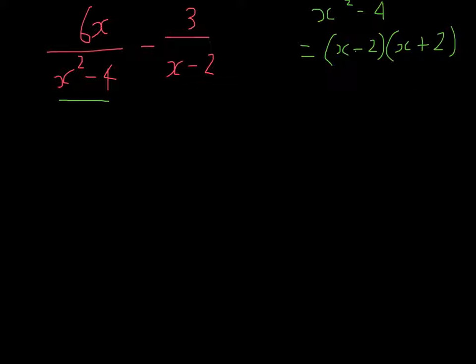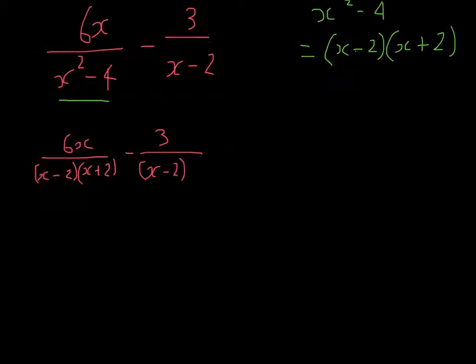So you'll see that 6x over x take 2, x plus 2. You'll see then that 3 over x take 2. You'll see that now it might be easier for you to find a lowest common denominator.